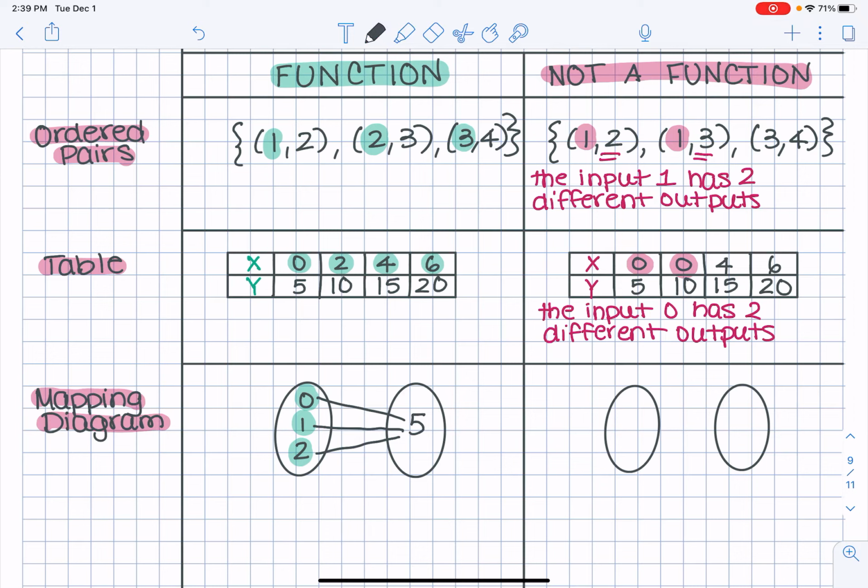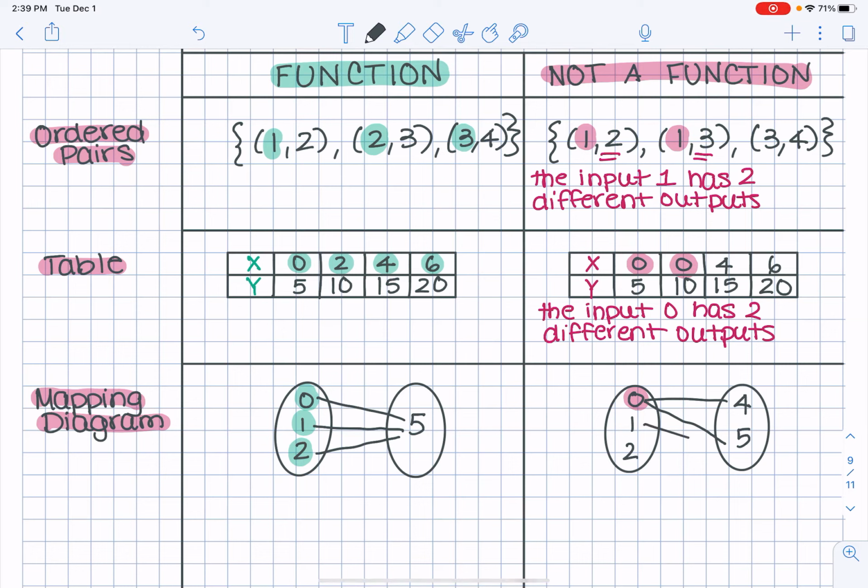But let's say I have my same inputs, but now I have 2 outputs. If 0 matches to 4 and 0 matches to 5, that means 0 now has 2 different outputs, and we cannot have that in a function.